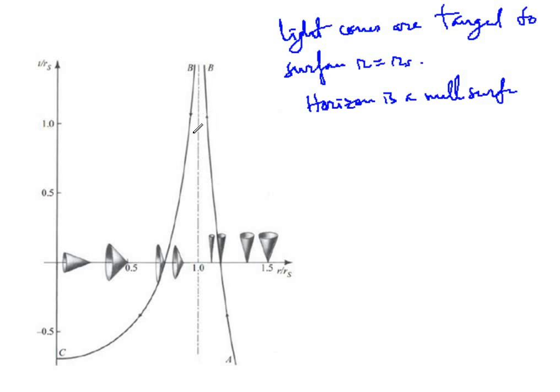It hovers in a place forever, and thereby indicates that this place at which it is hovering is a null surface. So this entire surface, r equal to rs, is a null surface.